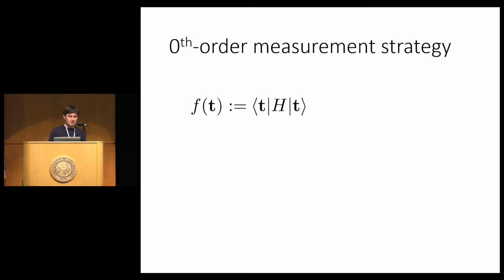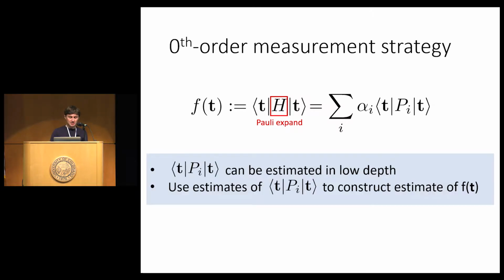Okay, remember this was the objective function. So how do we estimate this in low depth? It's pretty simple. We can just do a Pauli expansion of H, so just write it as a linear combination of products of Pauli operators. And then each of these expectation values of Pauli operators can be estimated in low depth.